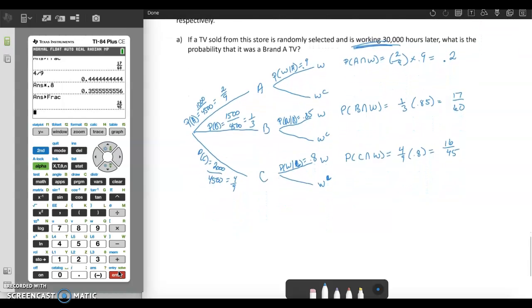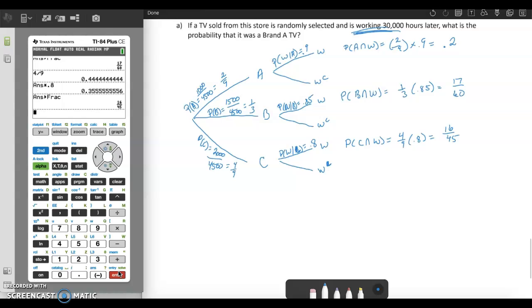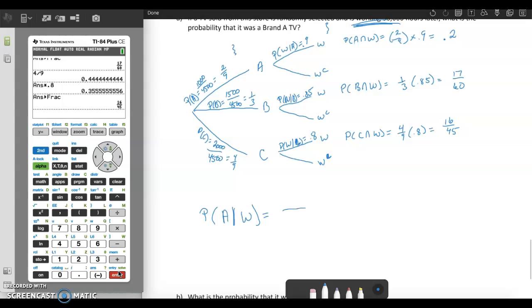The question here is, what's the probability that we have a brand A TV, given that we know that it's working 30,000 hours later? So again, we're trying to find a leftmost branch given a rightmost branch. So we're going to use Bayes' theorem, which means take the particular branch in question, this top branch here.